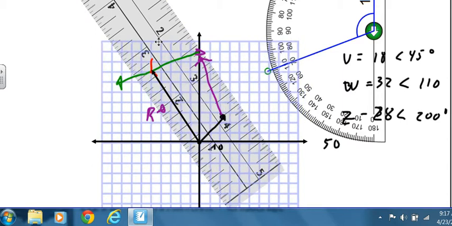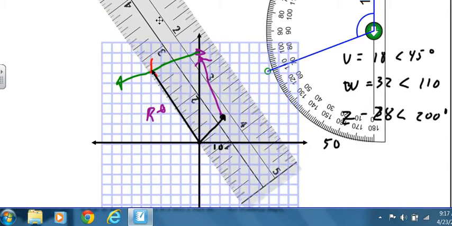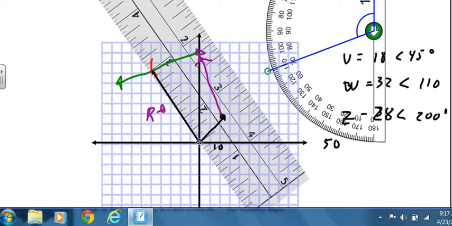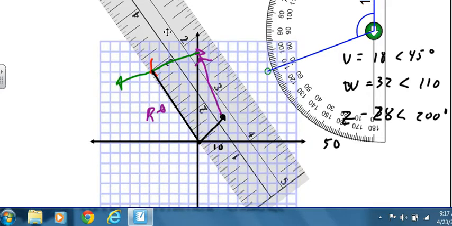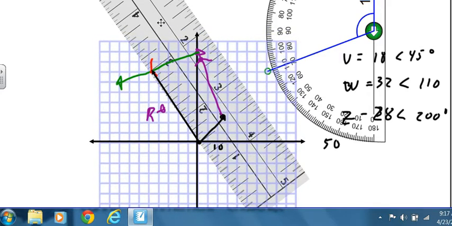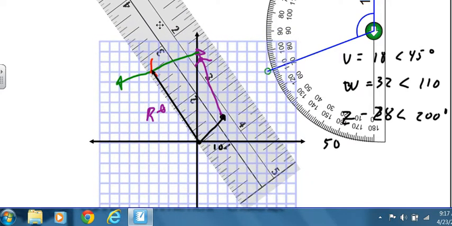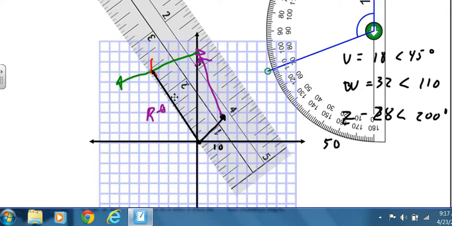Okay, grab the ruler, and I've got 1 inch for 30, and then I've got almost another half, so it's not quite 45. We'll call it 44. So I got 44 miles, and then what angle do I have?